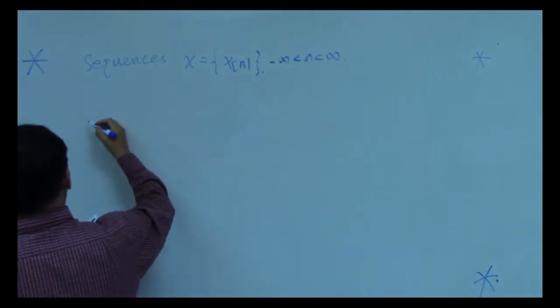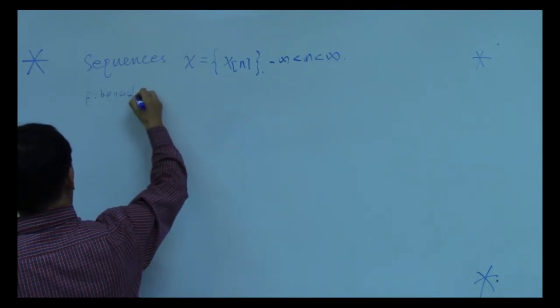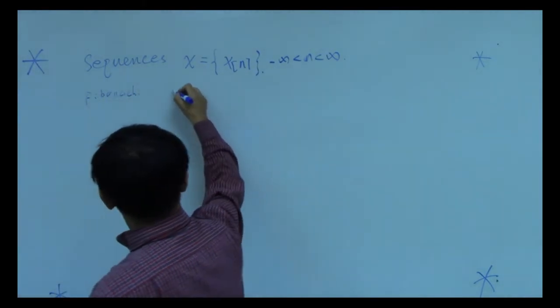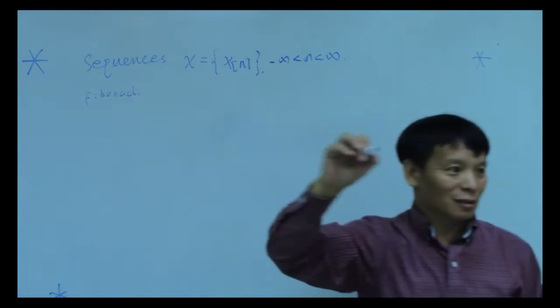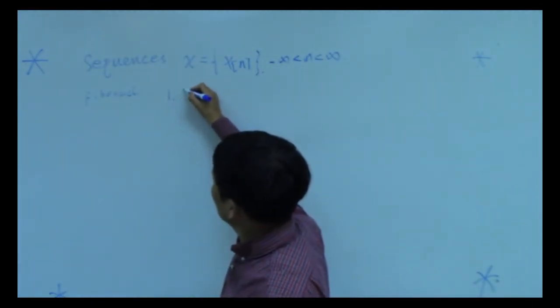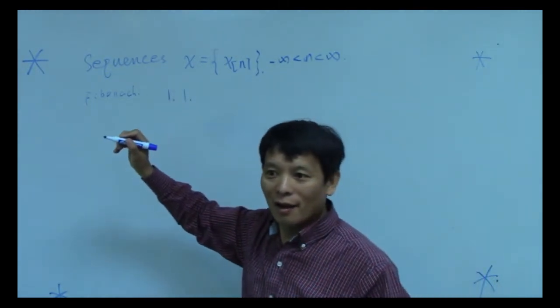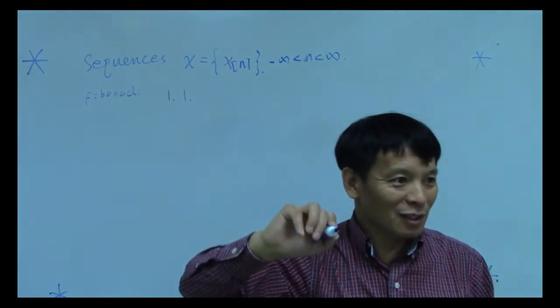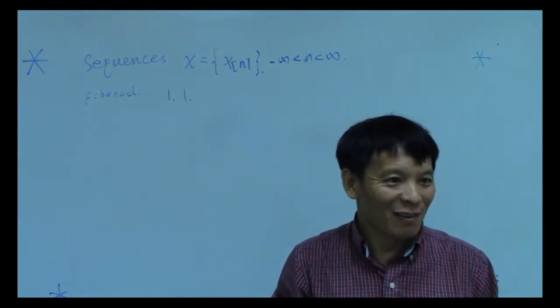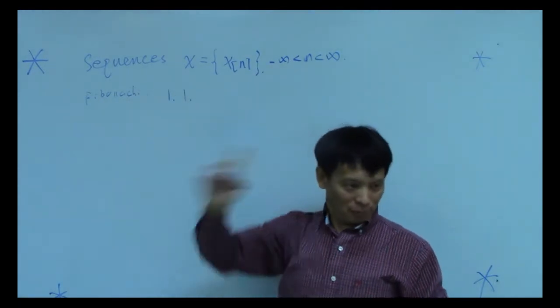One example is the Fibonacci sequence. Does anyone know that? Very famous. What's the first number? 1. What's the second one? 1. The first one is 1, for sure.